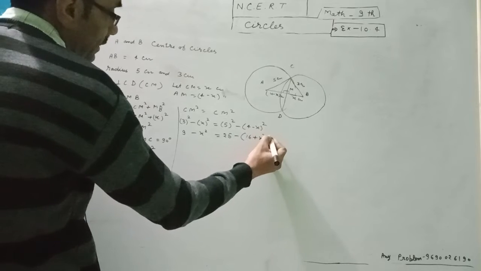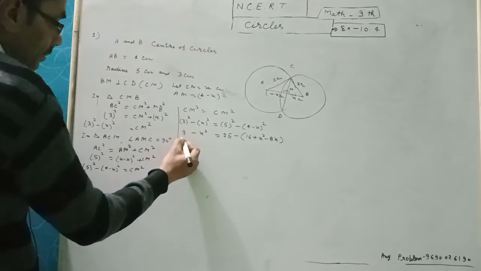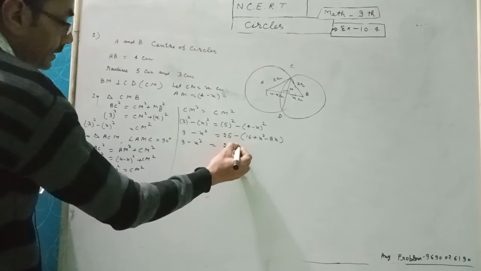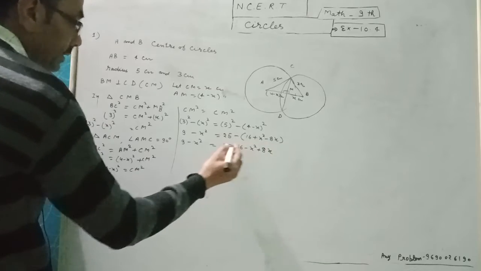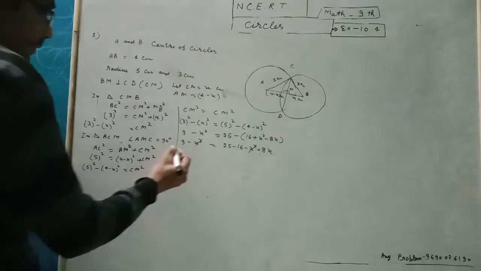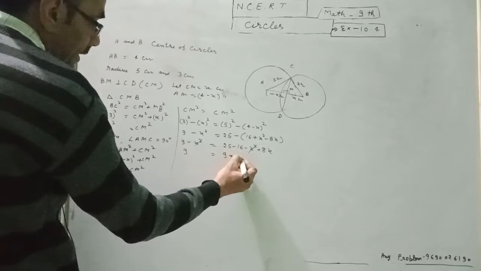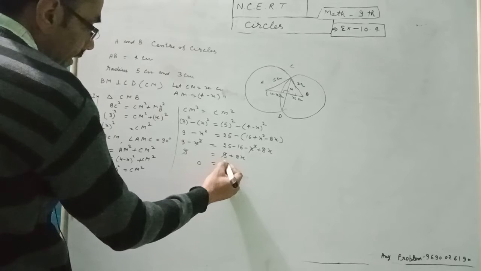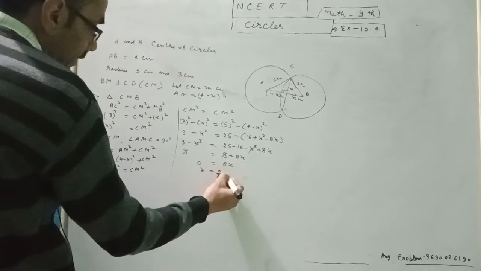Expanding, x square minus 8x plus 16. Removing the bracket, 9 minus x square is equal to 25 minus 16 minus x square plus 8x. So 0 is equal to 8x, and x is equal to 0.